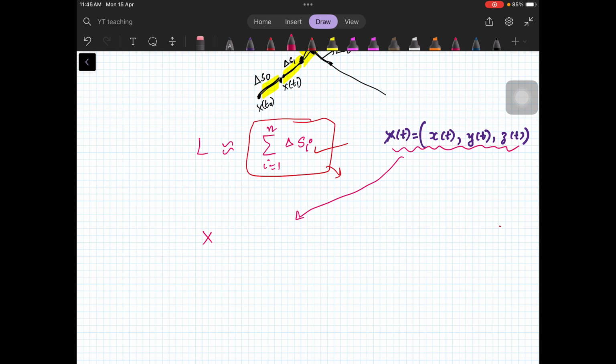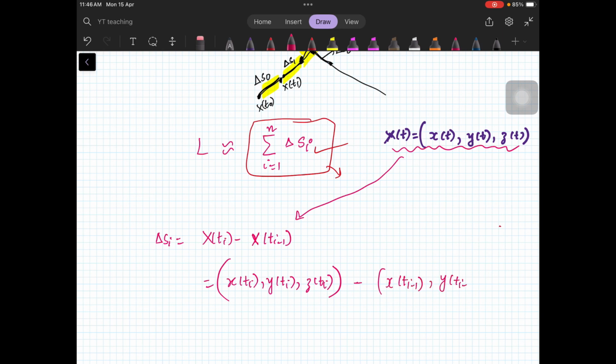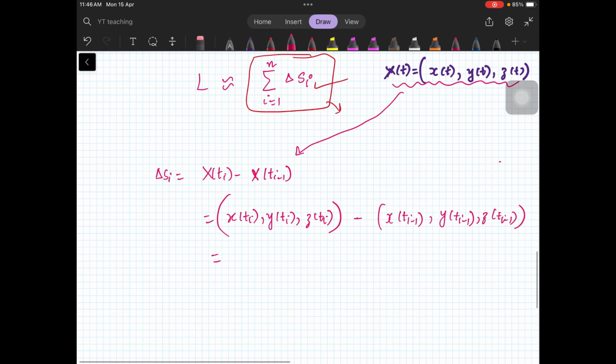Then what will be delta si, which is x of ti minus x of ti minus 1? That would be (x(ti), y(ti), z(ti)) minus (x(ti minus 1), y(ti minus 1), z(ti minus 1)), which is equal to (x(ti) minus x(ti minus 1), y(ti) minus y(ti minus 1), z(ti) minus z(ti minus 1)).